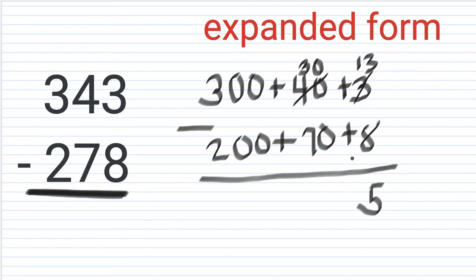Okay. But now, 30 minus 70, that's not possible also because 30 is lesser than 70. So 30 will borrow 100 from 300. Since you will borrow 100 from here, this becomes 200.